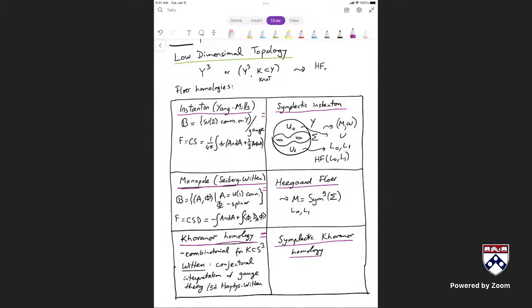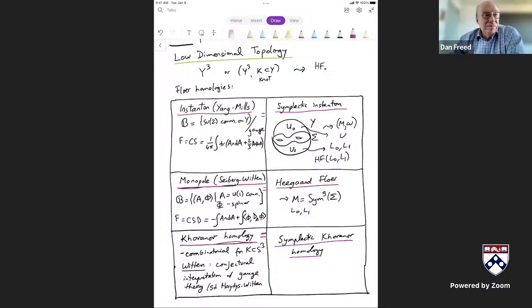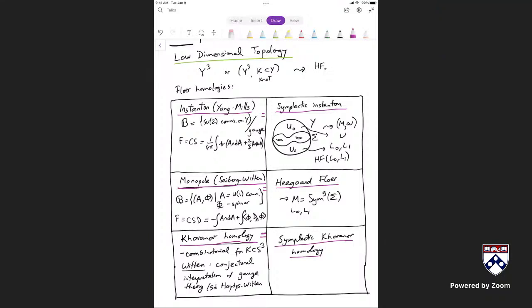Go ahead, Greg. So in the instanton case, there are natural generalizations where one replaces the instanton equations, the self-dual instanton equations, the flow equation for Chern-Simons, by the non-abelian monopole equations, the non-abelian version of the Seiberg-Witten equations. Has anybody thought about that?